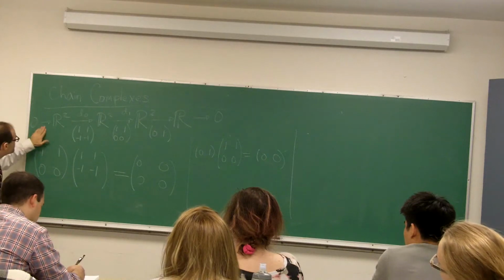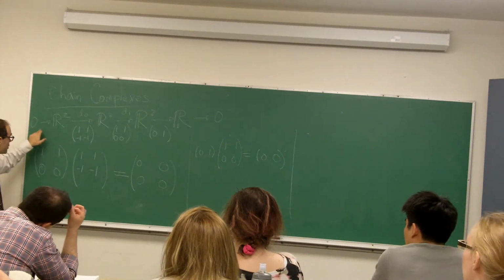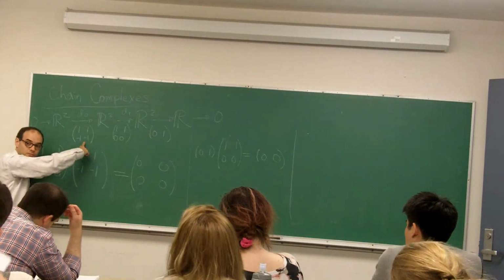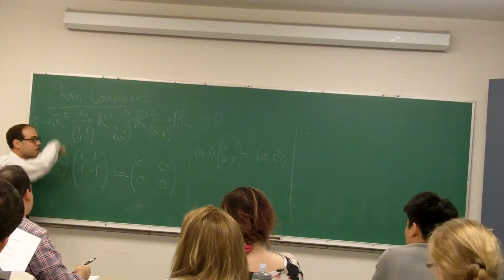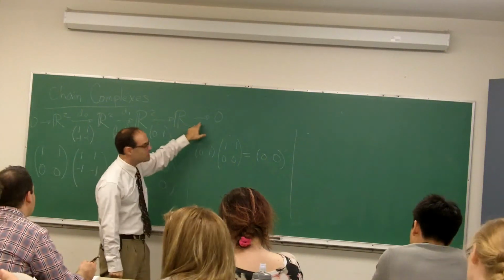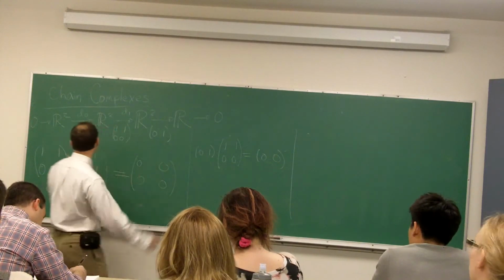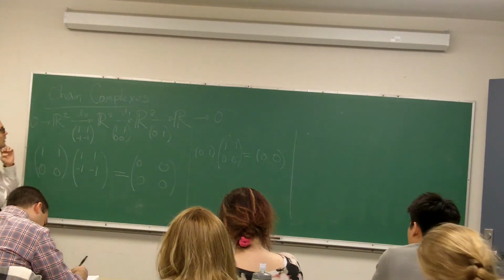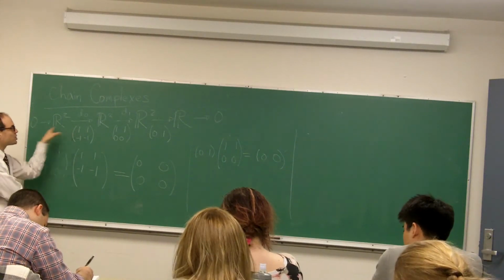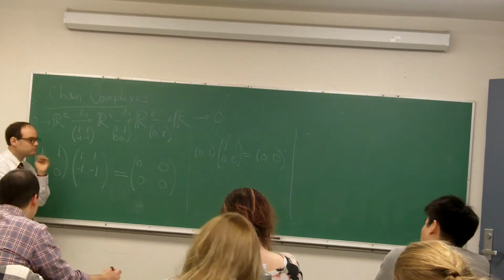Well, I compose this map with this one. It doesn't matter what this one is. I get 0 because 0 multiplied on the right of any matrix gives me 0. So that's going to check out. Similarly, over here, anything I put here multiplied with this map is also going to be 0. So it causes no trouble to extend by zeros. Now, it is important to realize where you're starting, if this is a 0 or a 1 or what have you. Totally fine.